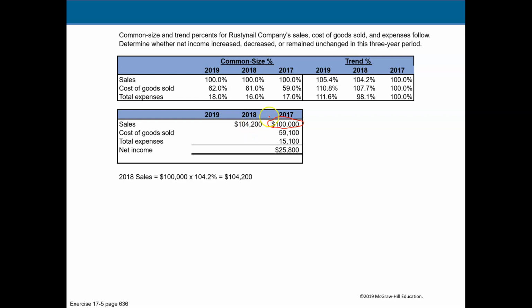And we also know that 2018 sales is 104.2% of the base year. So take the base amount of 100,000, multiply by 104.2%, and we get 104,200.